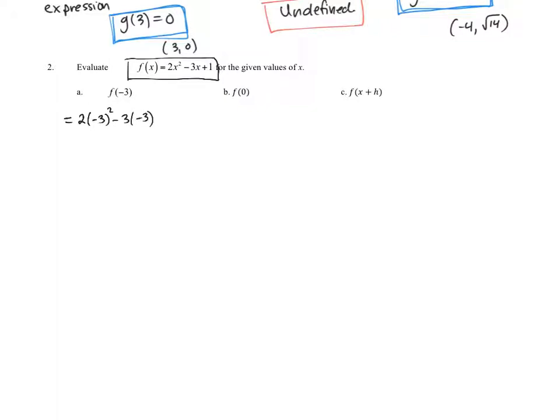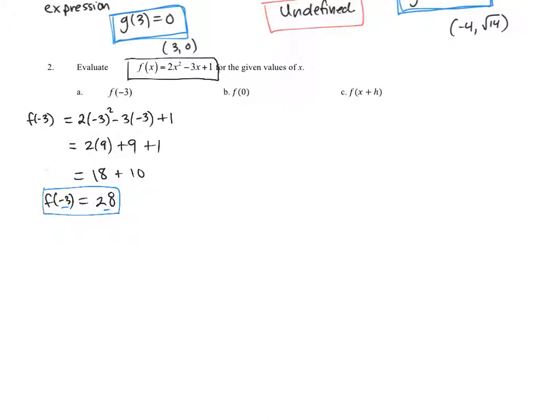Now we need to simplify our expression. 2 times 9, plus 9 plus 1, we would get 18 plus 10, so 28. And that is not an equation there, that's simply an ordered pair, just saying what the output is when the input is negative 3: the output's 28.